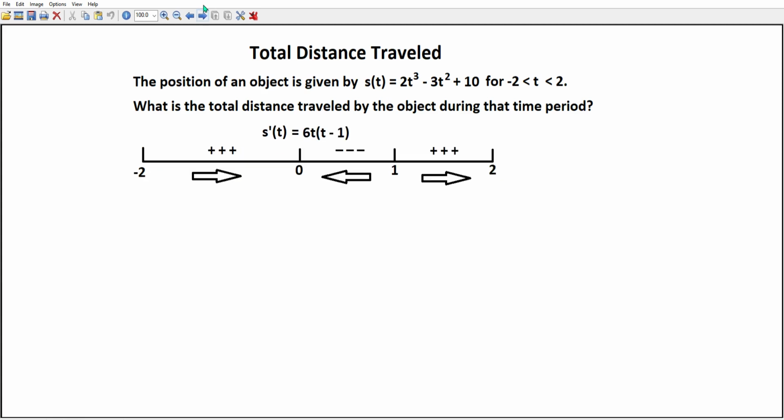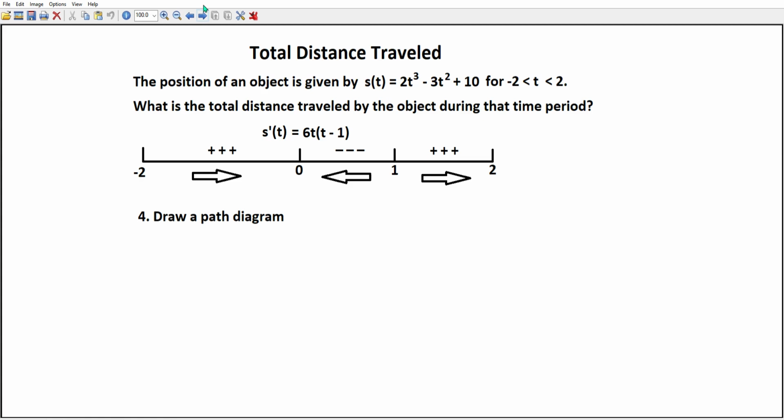So we take a look at our chart and we draw a path diagram. And what we'll need is the position of the particle at important points, and those are going to be the endpoints and our 2 points, 0 and 1, which apparently from the picture are places where the path turns around.